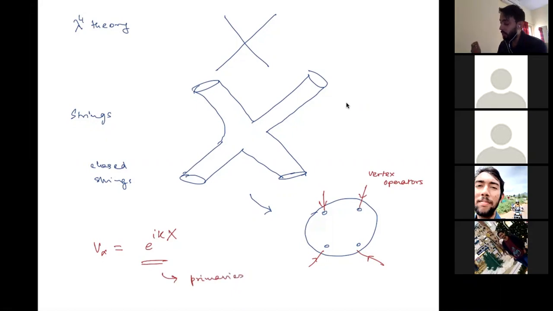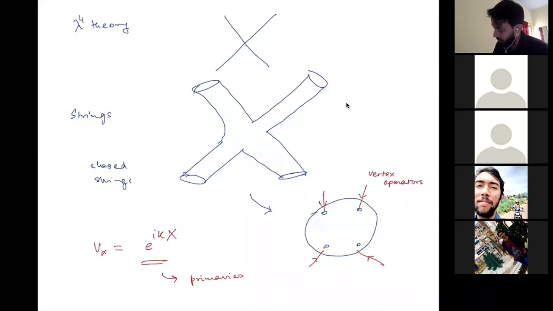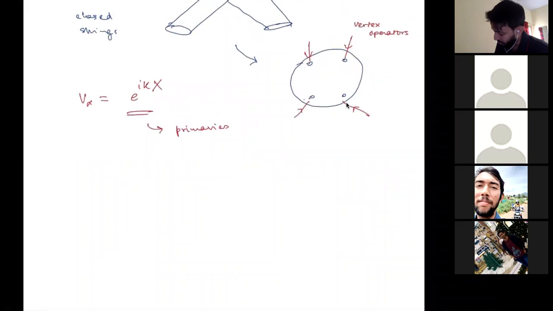And so when you're looking at scattering amplitudes of strings, you actually insert these operators on a sphere. If it's a 4-point amplitude, these are four marked points where you have inserted vertex operators. If it's something like a 6-point amplitude, obviously things will get harder to draw, but that and that and that and that.